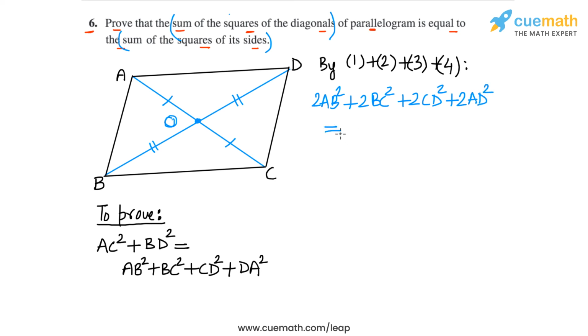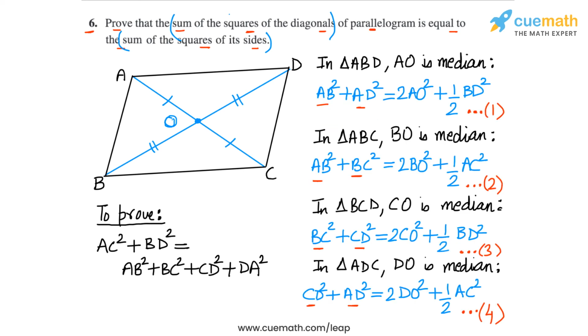Now what will we get on the right side? So let's go back and see what we have on the right side. So on the right side we have twice AO square and twice BO square, twice CO square, twice DO square, and we also have half BD square and half BD square, that will add to BD square, and then half AC square and half AC square will add to AC square.